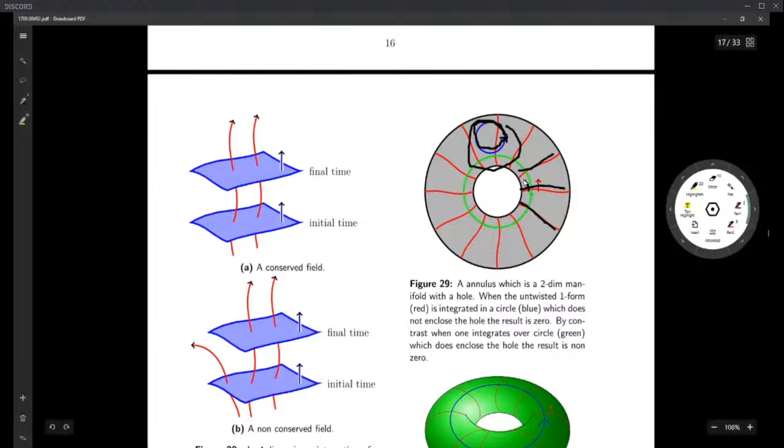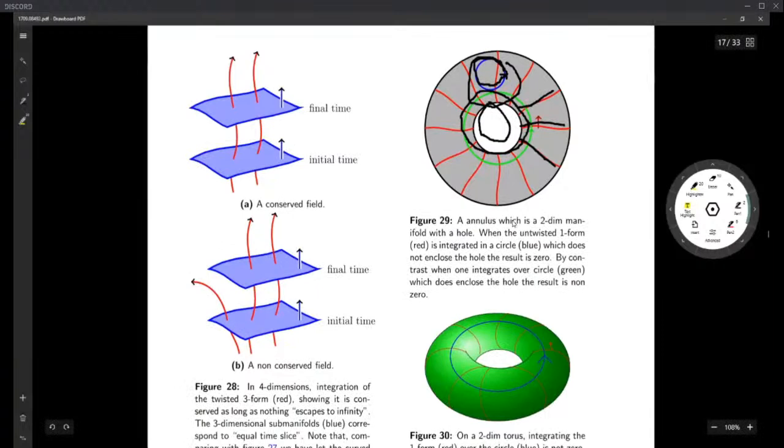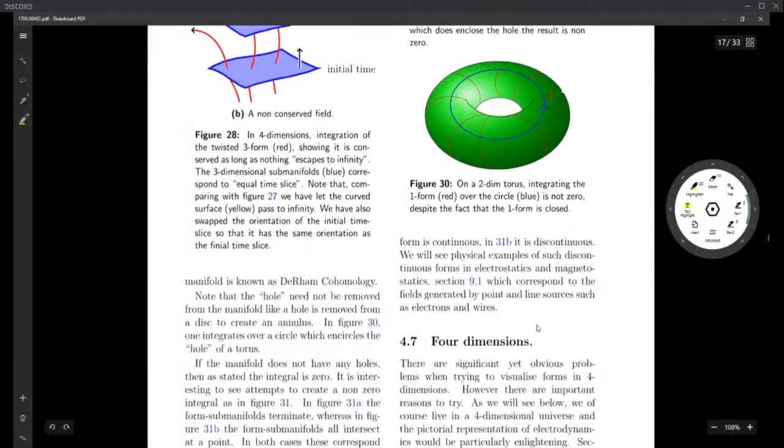But when we take this green path of integration, we can see that we pass through a hole, or we have a hole inside, right? So it's intuitive why the integral is non-zero. If you did basic calculus, you'll probably understand what that means.